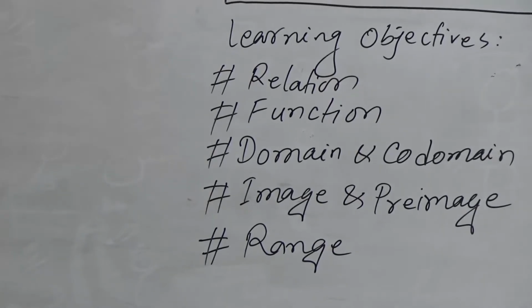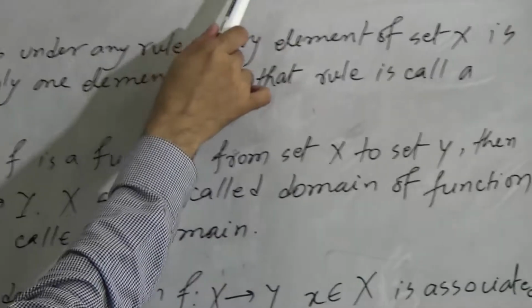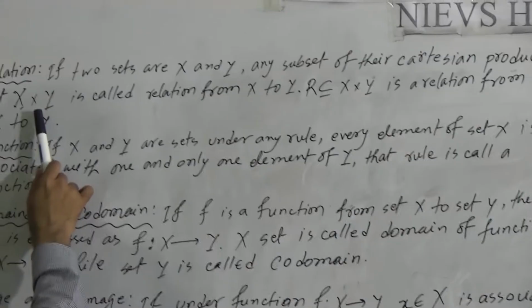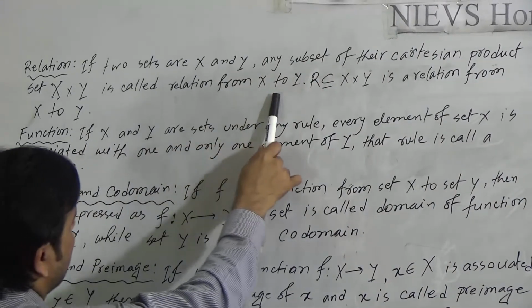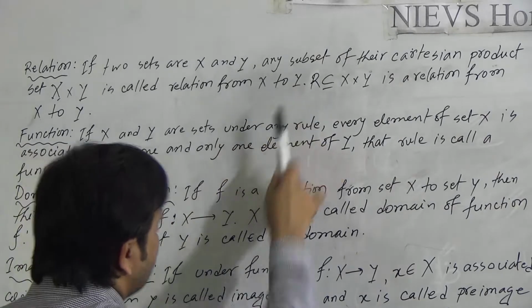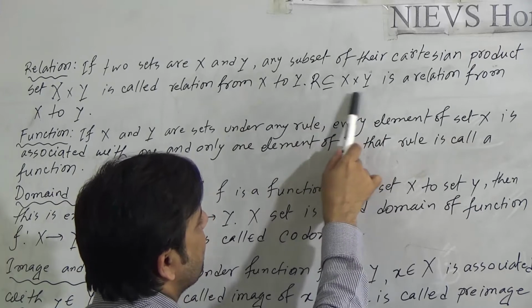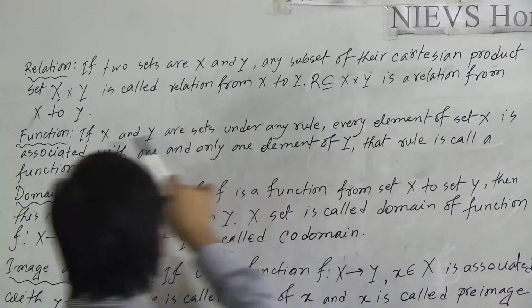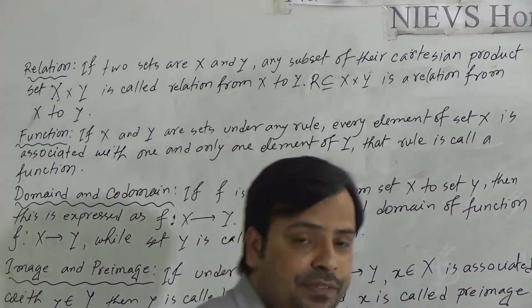If two sets are X and Y, any subset of their Cartesian product set X cross Y is called a relation from X to Y. If we denote the relation by R, then R is a subset of the Cartesian product set X cross Y, a relation from X to Y. So you will understand the definition.